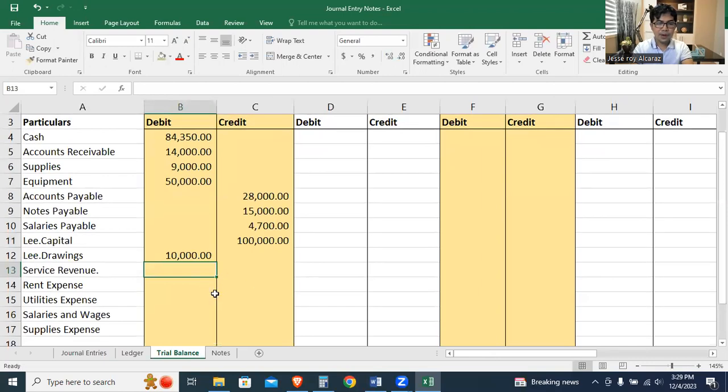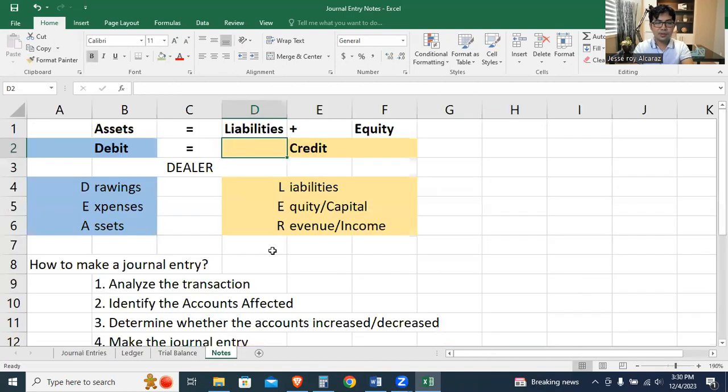So it follows what I taught you before. If it's an asset, expense, or drawing, it's on the debit side in the trial balance. As for the liabilities, equity, and revenue or income, they go on the credit side.